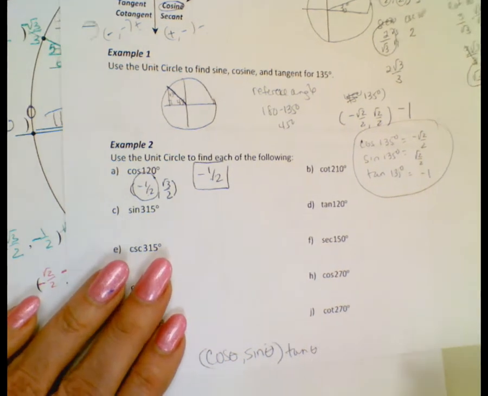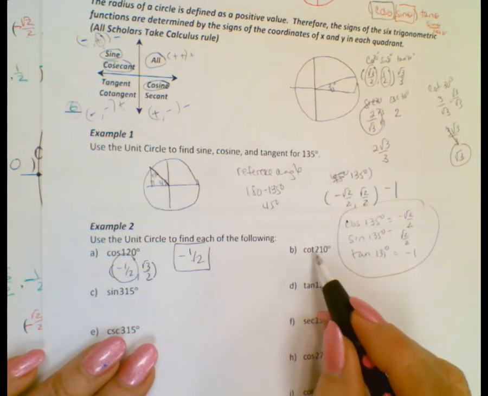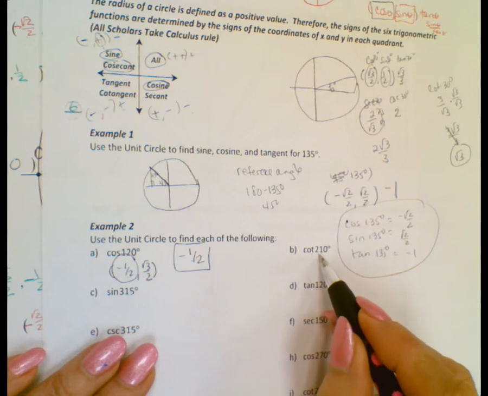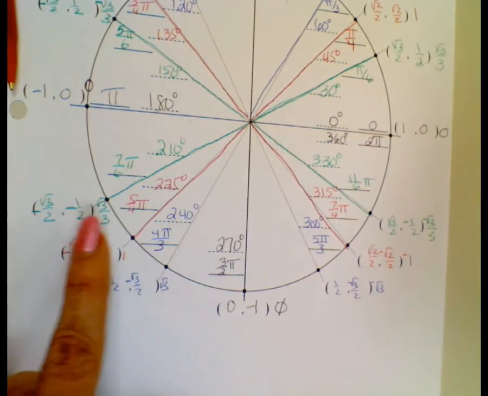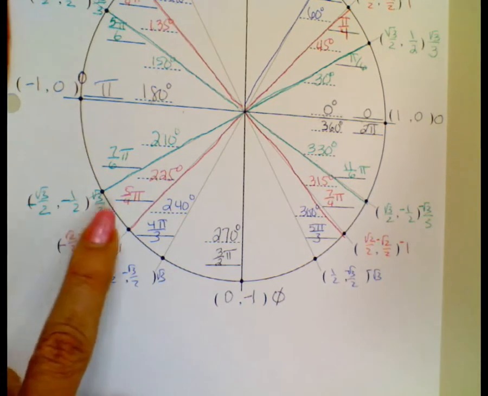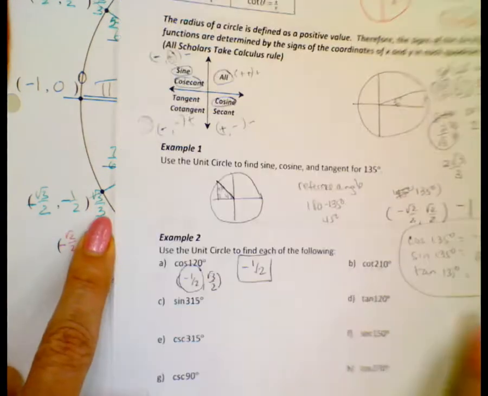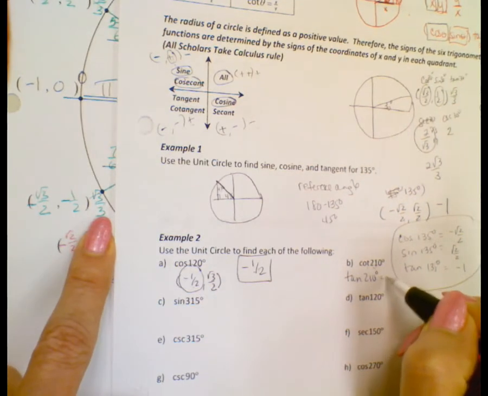Cosine, sine, tangent. So the next one we want is cotangent of 210. That's the reciprocal of tangent. So we're going to find the tangent and then flip it over. Let's find 210. 210's right here. See in the green? This is the ordered pair, but this is cosine, this is sine, this is tangent. So the tangent of 210 on the circle is radical 3 over 3, and it's positive.